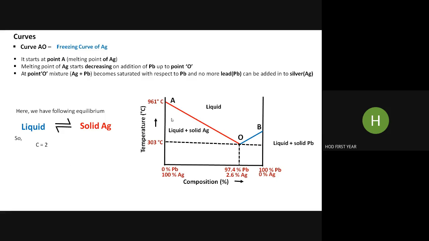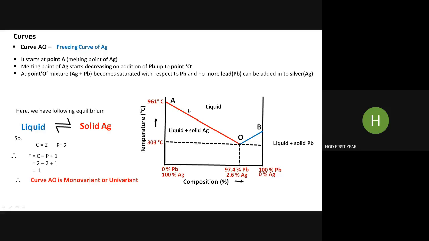Now phases are 2, liquid and solid. Now which rule should we apply? F is equal to C minus P plus 1. So don't forget to apply this rule: C minus P plus 1, and not plus 2. Very important. So here components 2, phases 2, plus 1, F becomes 1. So curve AO is univariant or monovariant.